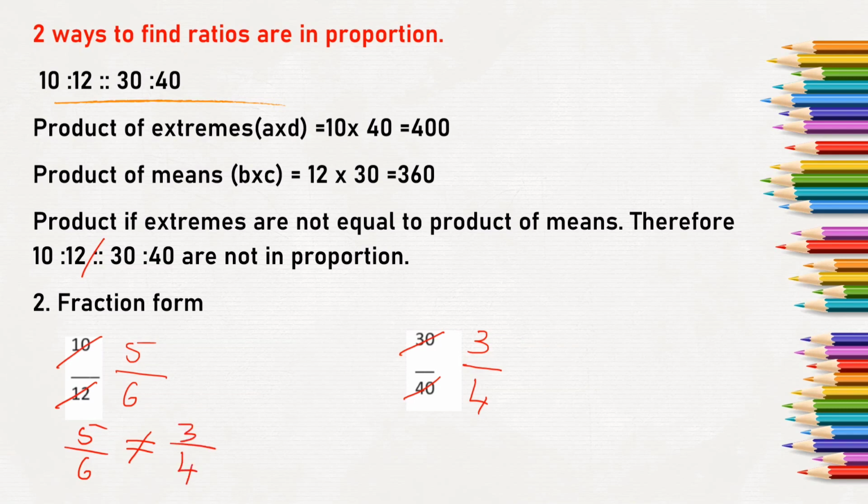So we can say 10, 12, 30 and 40 are not in proportion. In the above method also we found that the ratios are not in proportion. In this way, we bring it down to the simplest form and then find out whether it is proportionate or not.